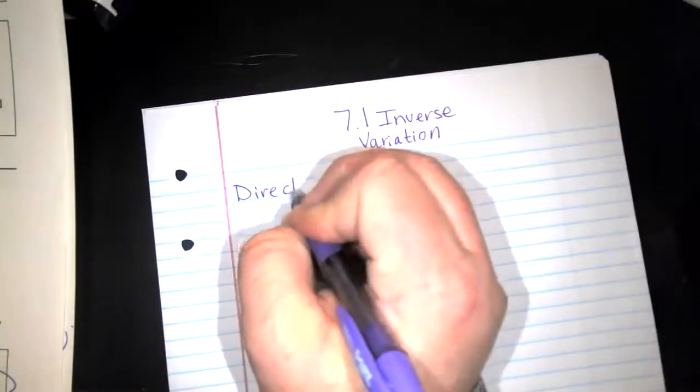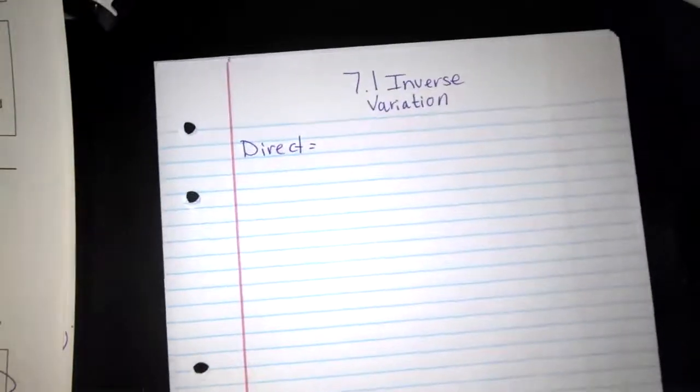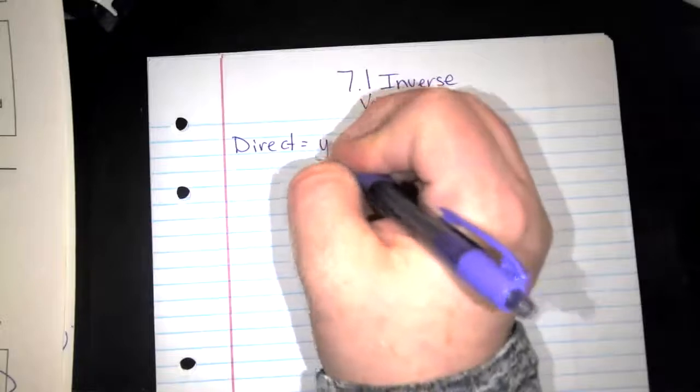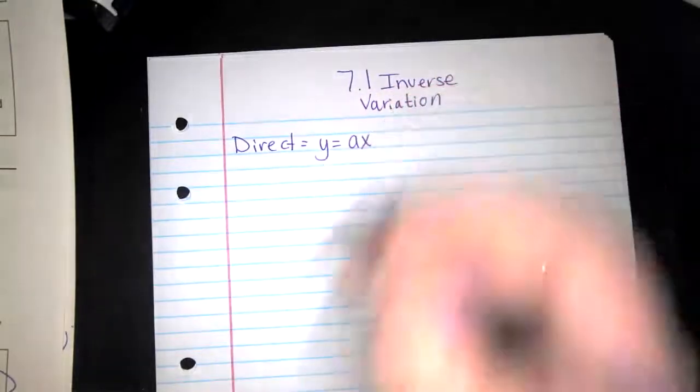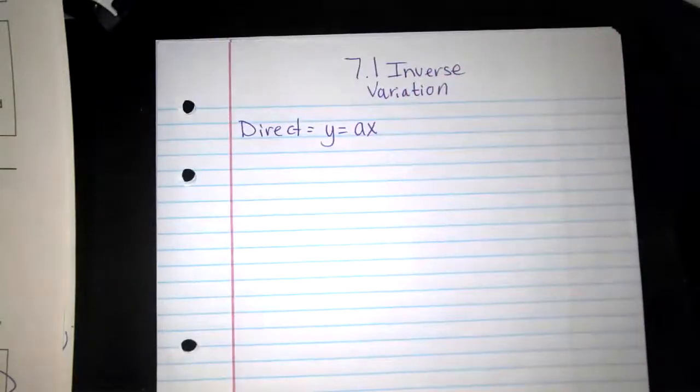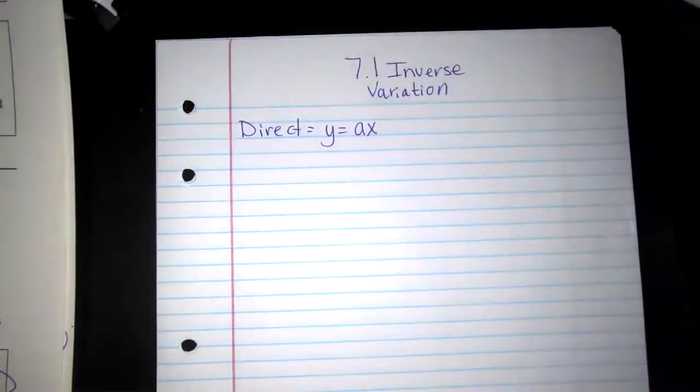So I want to go back and write the formula. Direct variation was y is equal to ax. Does that look familiar? Kind of? Way back in the day.